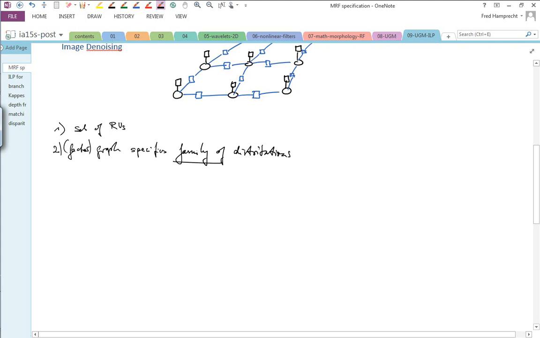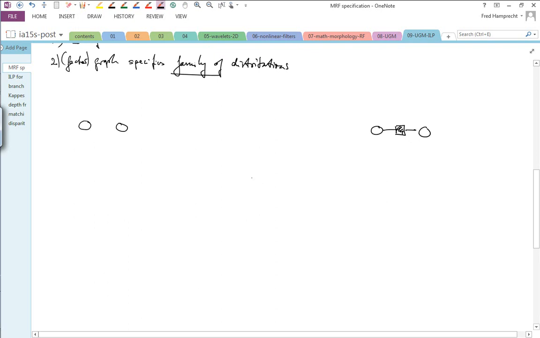So for example, let's say I have some prior distribution consisting of 2 isolated random variables. And I want to show you a few pictures, as opposed to 2 variables which are coupled by a factor. So for example, I'm now showing you a couple of bivariate distributions.